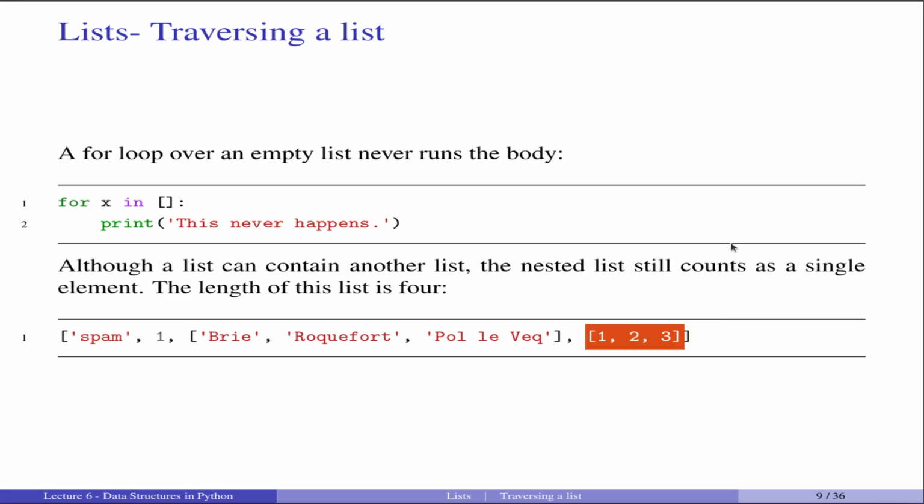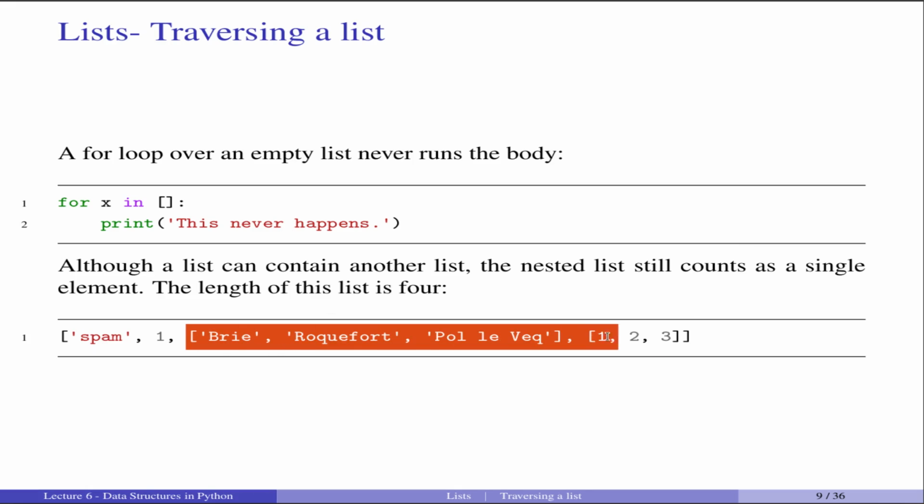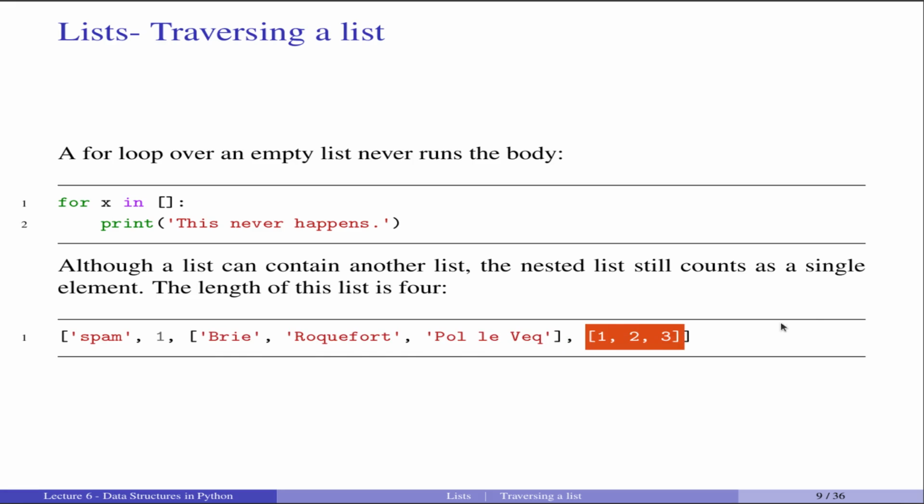But if I want to find the length of the third element of this list, it will give me the output 3, because the third element is another list which has 3 elements in it, and the same goes for the fourth element too.